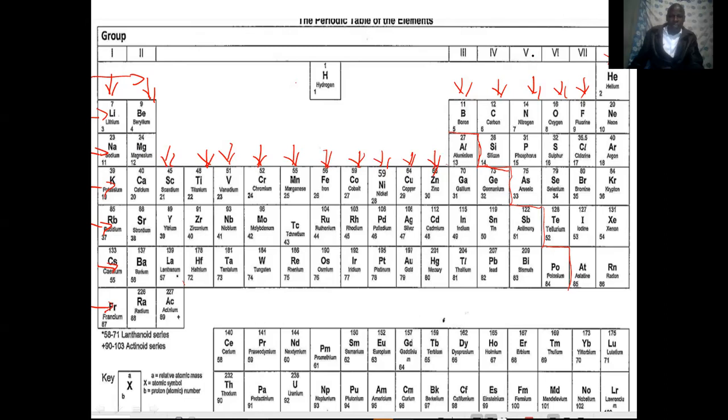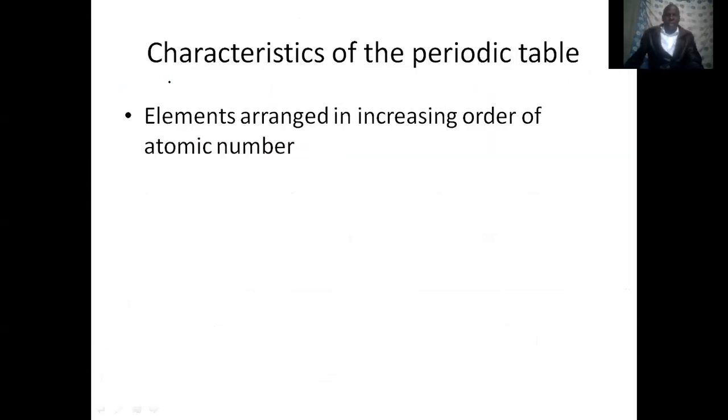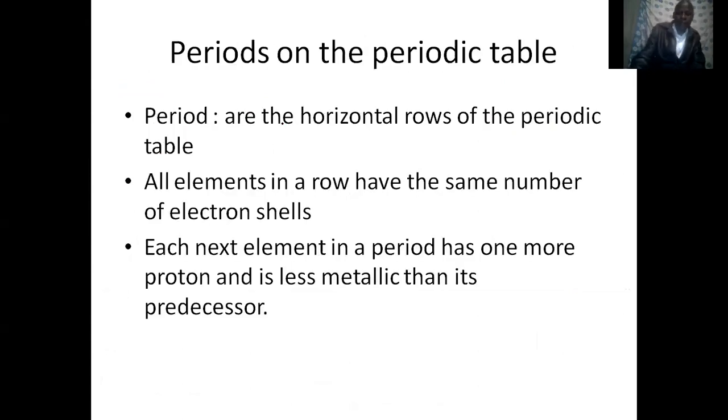So these 10 plus the 8 here make 18 of them. Well, the characteristic of the periodic table, as we said earlier, is that the modern one is arranged according to the atomic number.